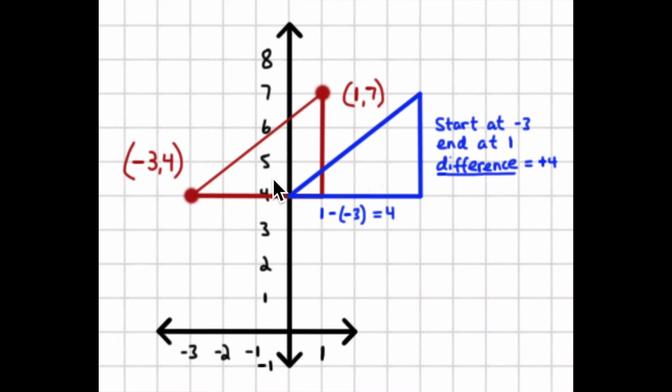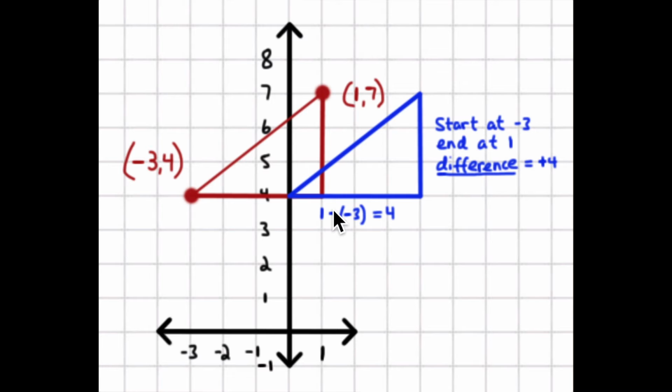So in the first case, I'm going to slide the slope triangle from this point here over to the y-axis. That's taking this 1 right here and subtracting these -3 units and calculating this length right here as 4 units. So again, you're starting at -3, you're ending at 1, so that difference is 1 minus -3 equals 4.